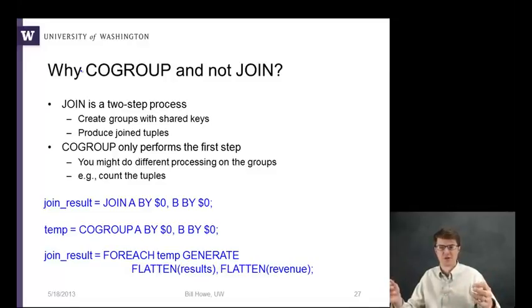So for example, if you want to cogroup and add up all the contributions from each relation, you can do that in a single step. You don't need to join the tuples first, then do another grouping afterward, which is something you would have to do in relational databases. So that's a chance to take what would be 2 MapReduce jobs and combine them into just one.